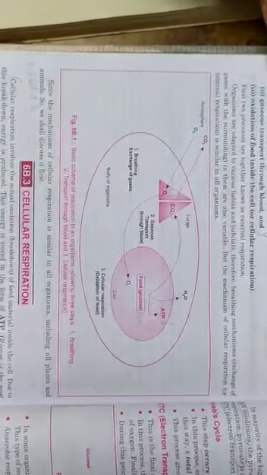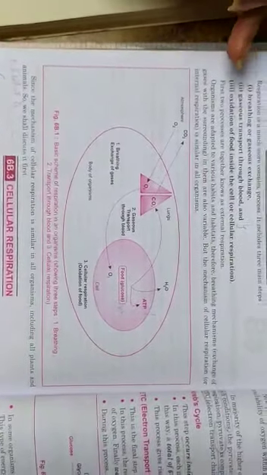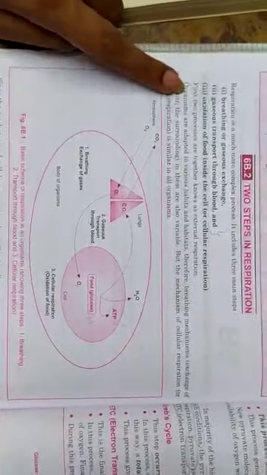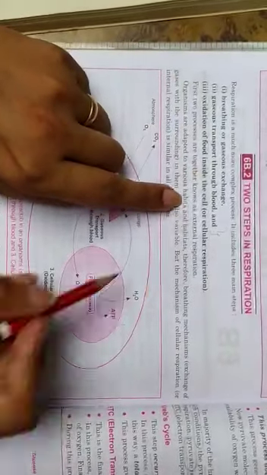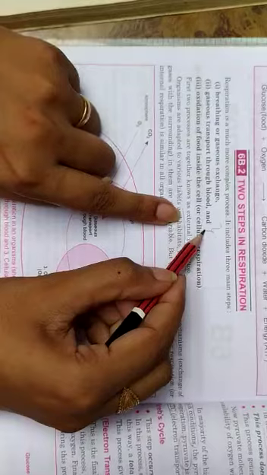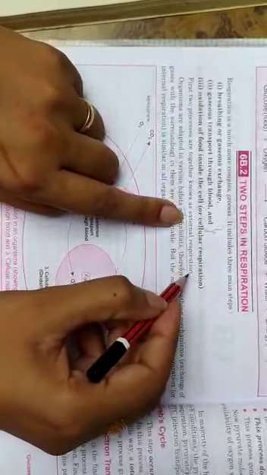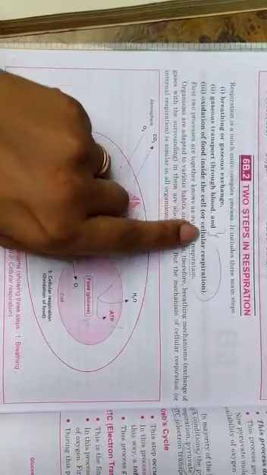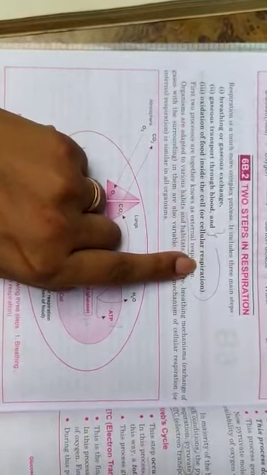The three main steps are breathing or gaseous exchange, gaseous transport through blood, and third is oxidation of food inside the cell. The first two processes together are known as external respiration. So you have to learn these two come under external respiration, and this process comes under cellular respiration.